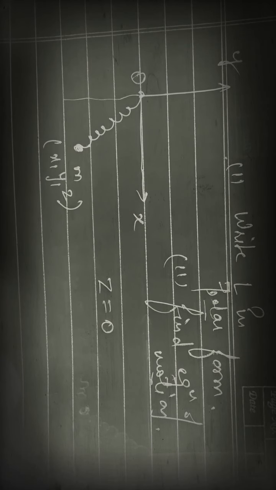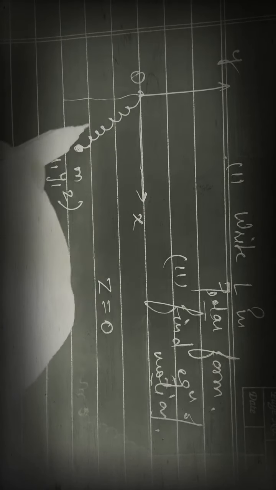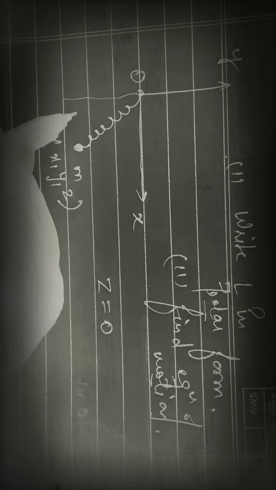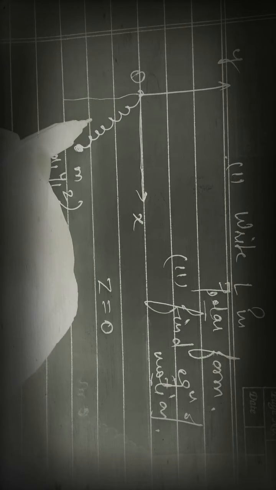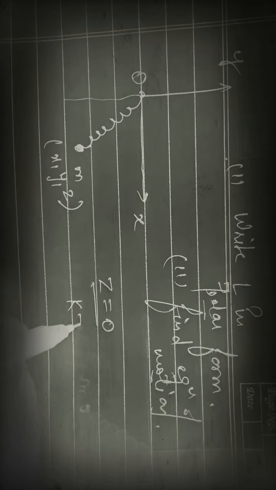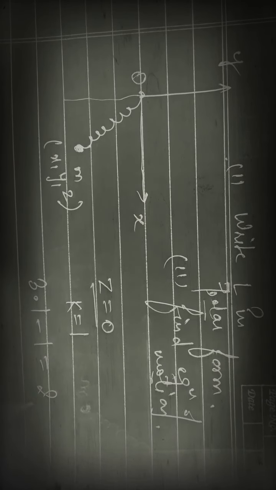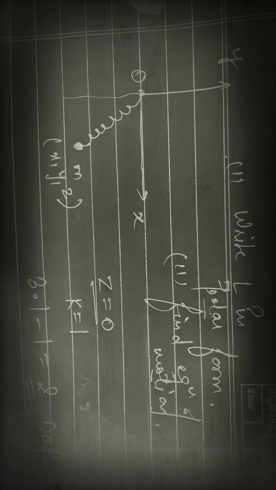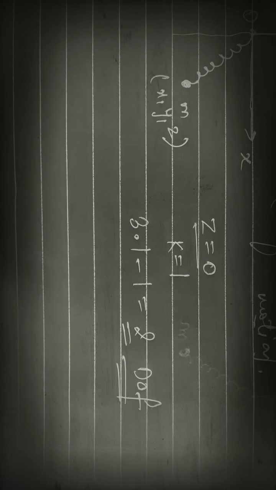This is your equation of constraint. If the spring had a finite length it would also contribute to the constraints, but it is of indefinite length. So there is one equation of constraint, k is 1, so 3 into 1 minus 1 will be 2. Two degrees of freedom are allowed, meaning the generalized coordinates will be 2 for this system.